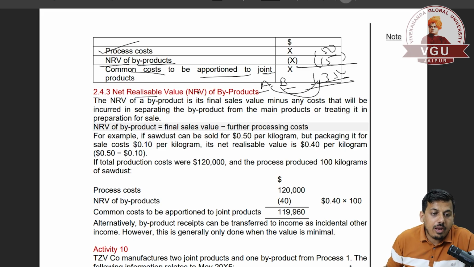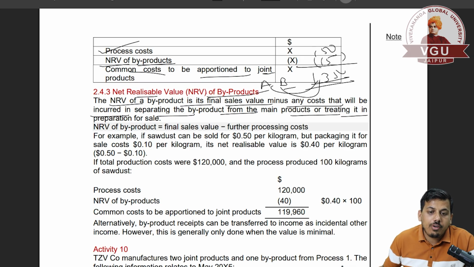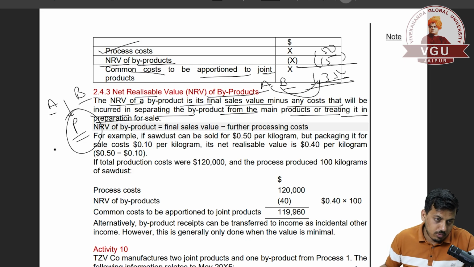Now, how do we calculate the net realizable value of a byproduct? The NRV of a byproduct is its final sales value minus any cost that will be incurred in separating the byproduct from the main product or treating it in preparation for sale. If we are making A and B, and byproduct P is created unintentionally with no separation cost, there is nothing to deduct.